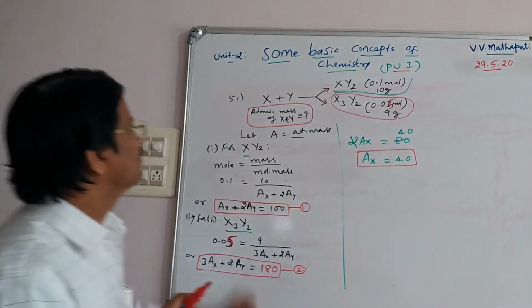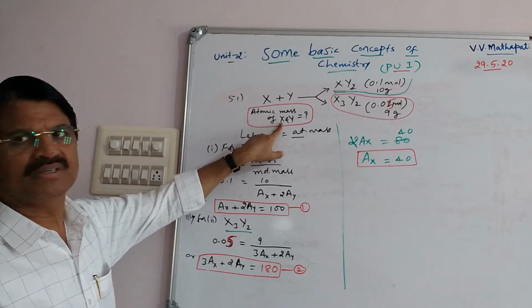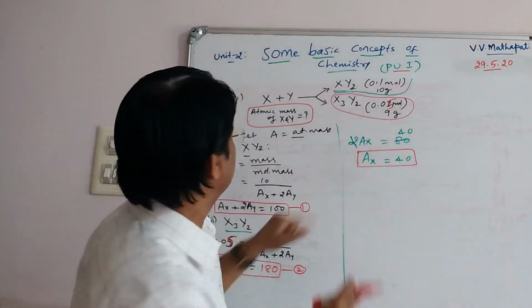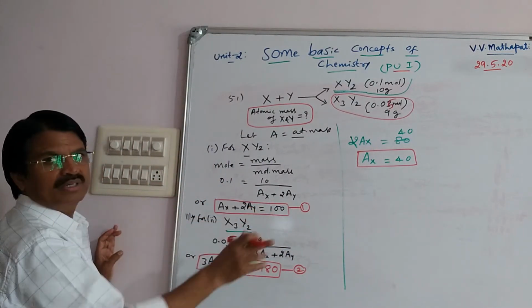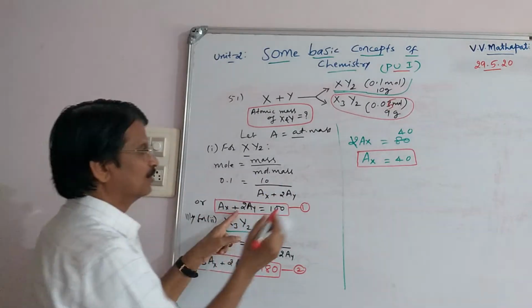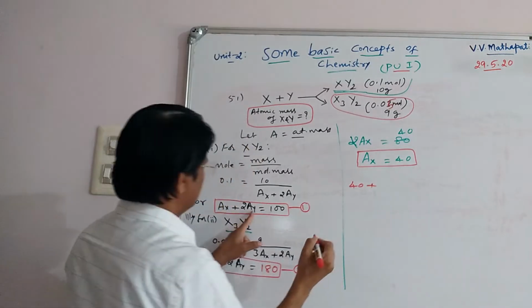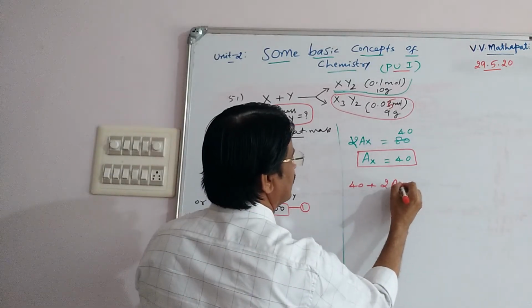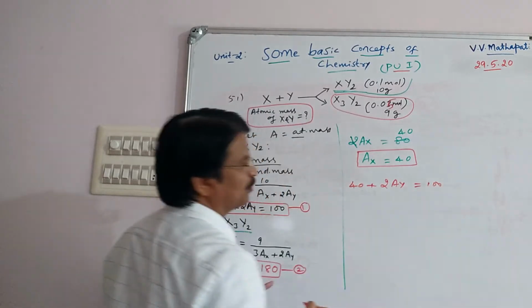Our aim is to find the atomic mass of X and Y. Once you get the X value, you can easily find the Y value by substituting it in equation 1 or 2. Therefore Ax 40 plus 2Ay equals 100.